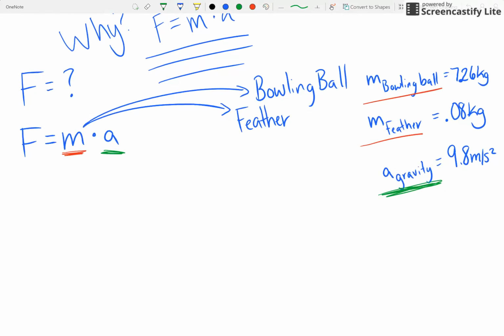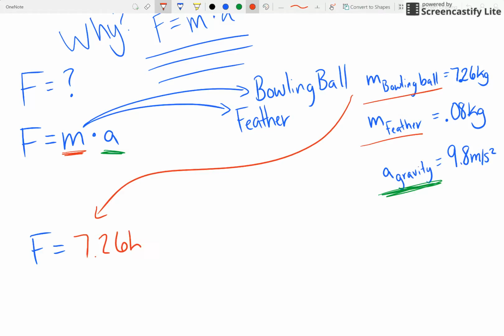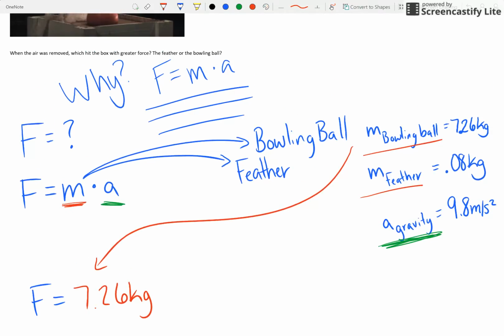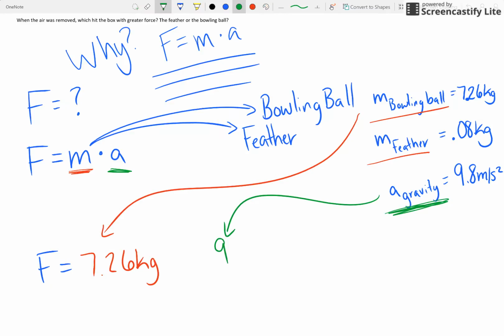So let's plug in one. I'm looking for force. I have the mass of the bowling ball, which is 7.26 kilograms. It's always important to put your units in there. And then I also have the acceleration due to gravity, which is 9.8 meters per second squared.